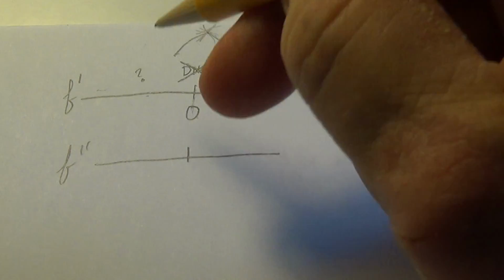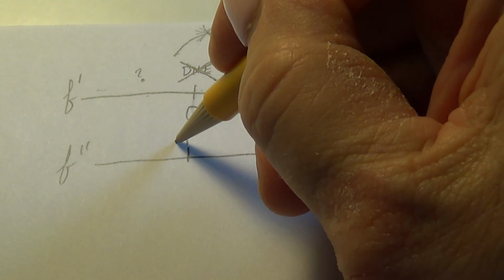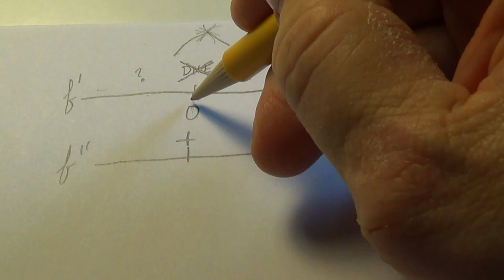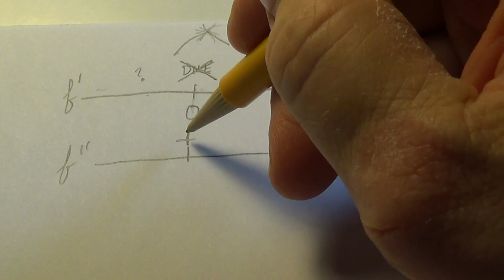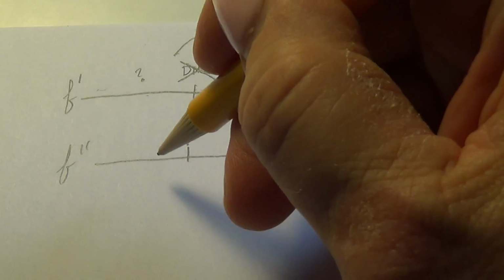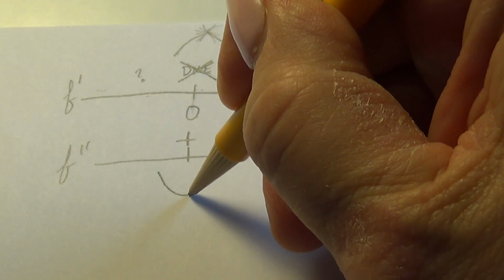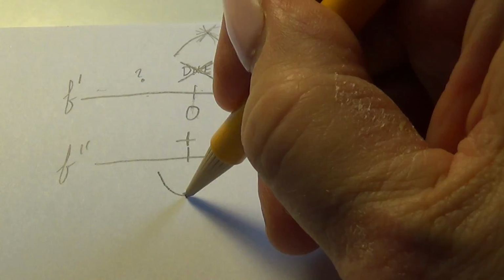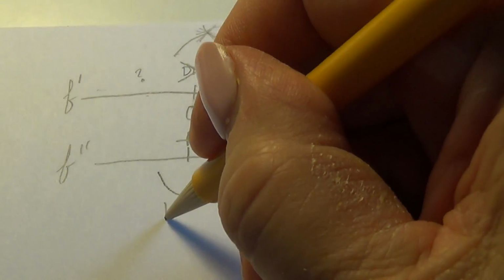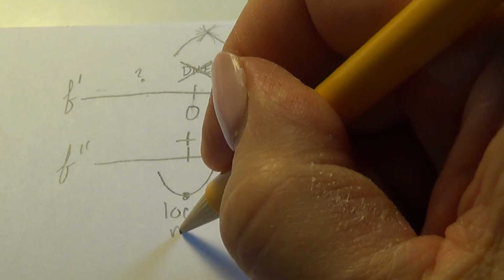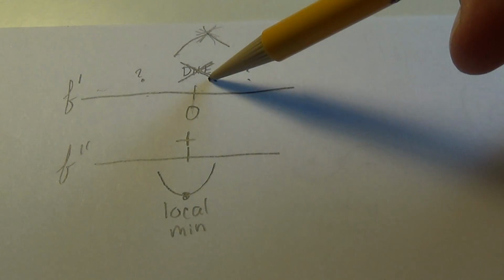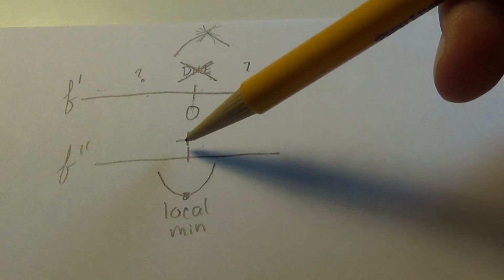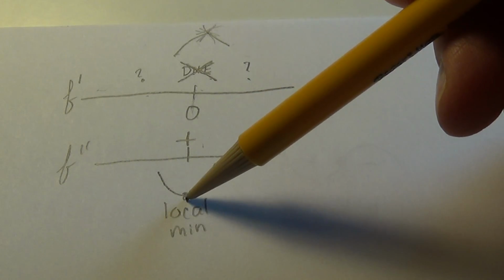So say at that point you take the second derivative, and it turns out that it gives you a positive second derivative. So what would that create? It creates a concave upward, which must be a local min. So sometimes it's a whole bunch easier to take the second derivative and see if it's positive or negative at a given point.